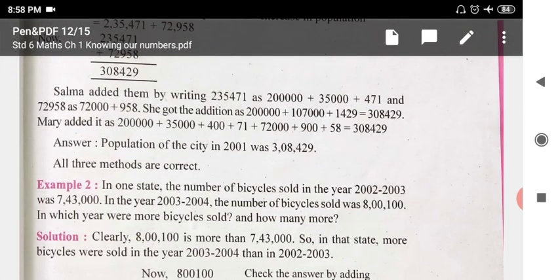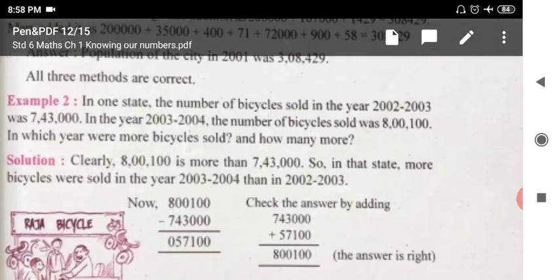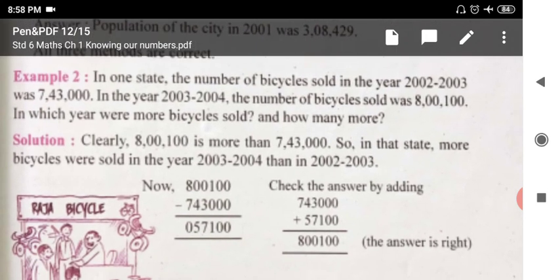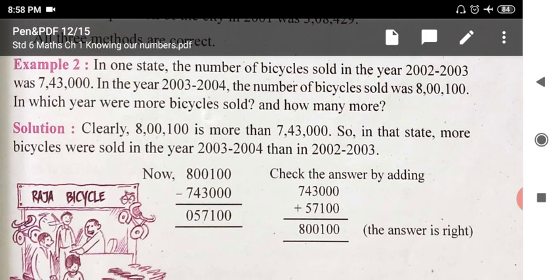Let us see one more example here to understand. Example number 2. In one state, the number of bicycles sold in the year 2002 to 2003 was 7,43,000.